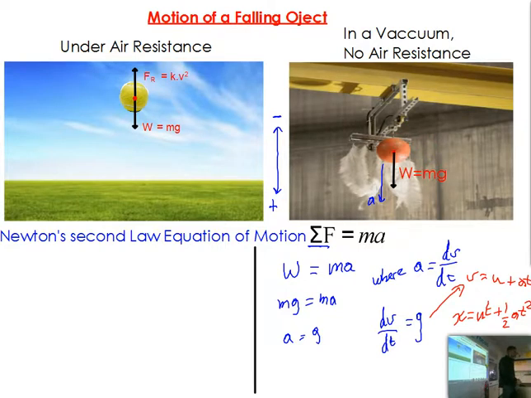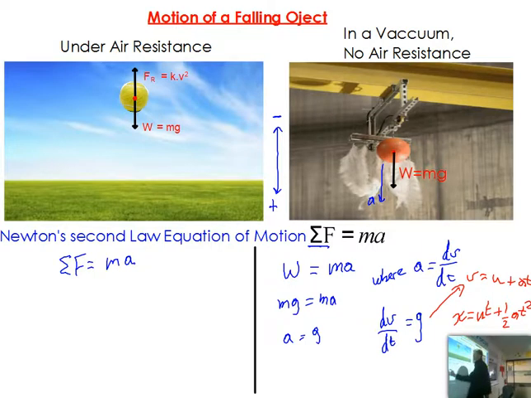So the force due to air resistance is dependent on velocity, and in some cases, falling through air, it's velocity squared. Again, we start by using Newton's law. The sum of all the forces is equal to the mass times acceleration. Downwards directions are positive forces, upwards are negative forces.